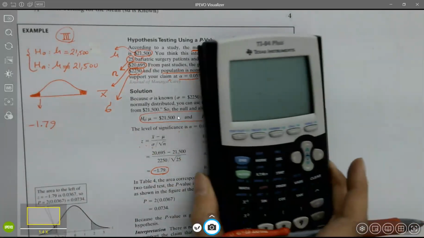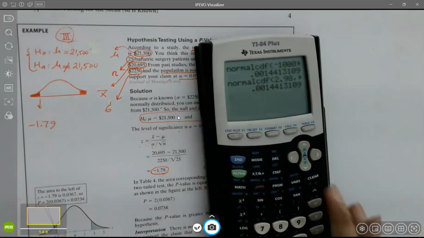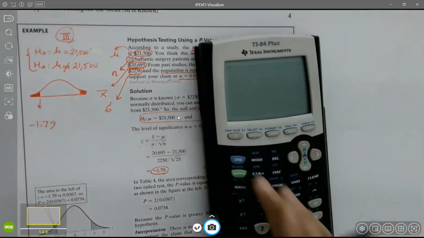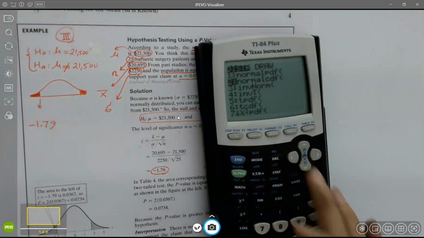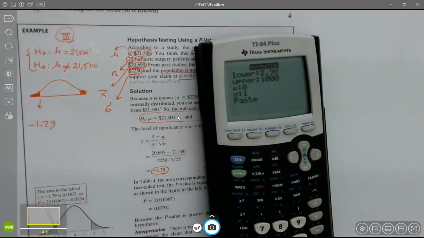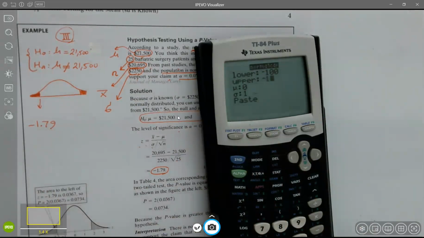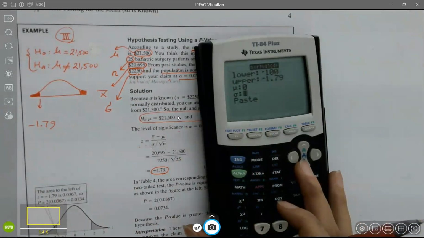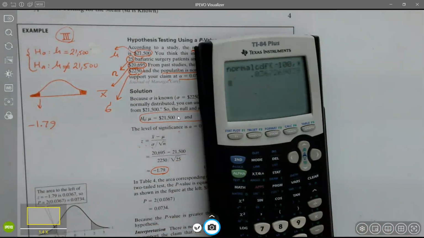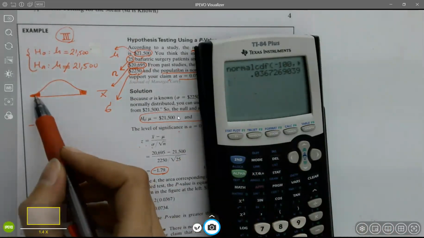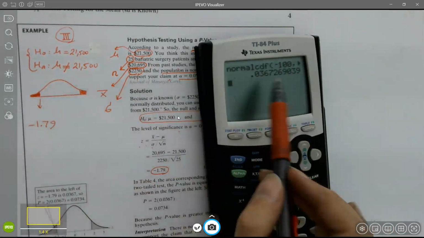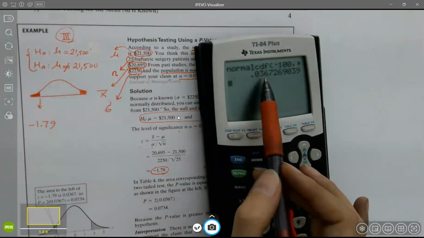So you turn on the calculator, clear this, second vars, normal CDF. On the lower side, you put negative 100, for example. On the upper side, you have negative 1.79, then 0 and 1, paste. This little area to the left is 0.036.